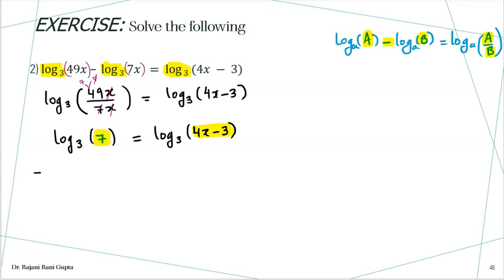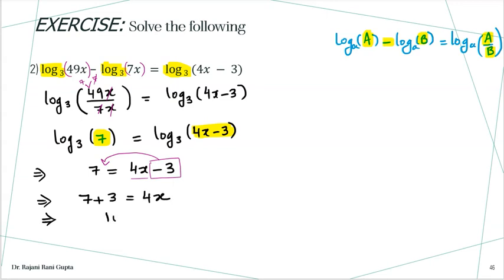This is possible only when 7 is equal 4x minus 3. So again, when we have to solve it, it means we are finding the value of x. So since there is only one term with x, you take this number on the left side, which gives 7. As it is minus 3, it becomes plus 3 equal 4x. 7 plus 3 is 10 equal 4x.